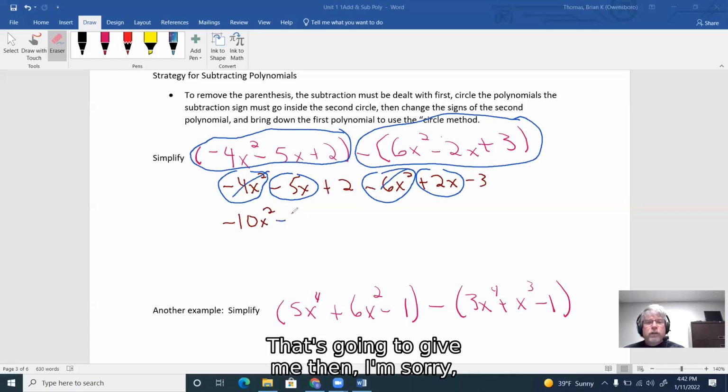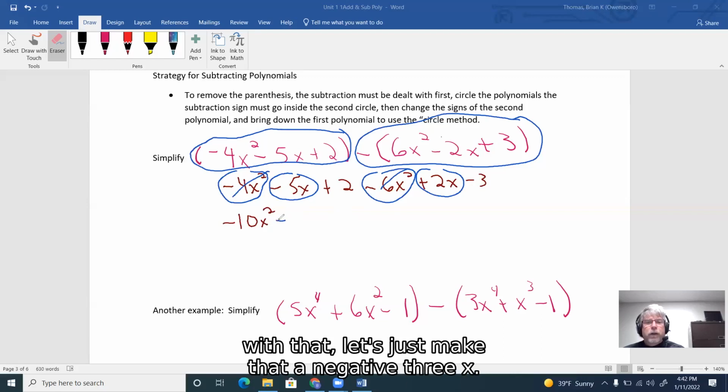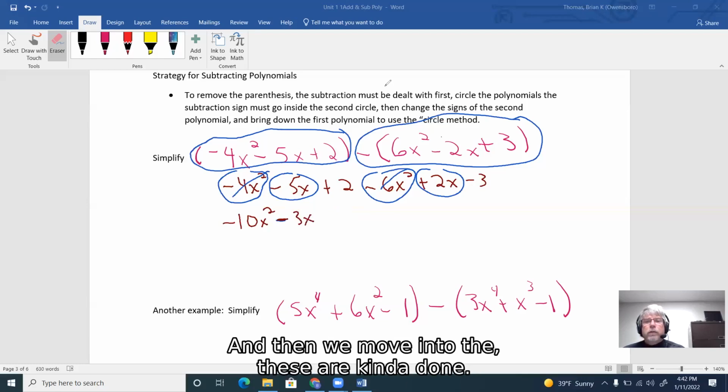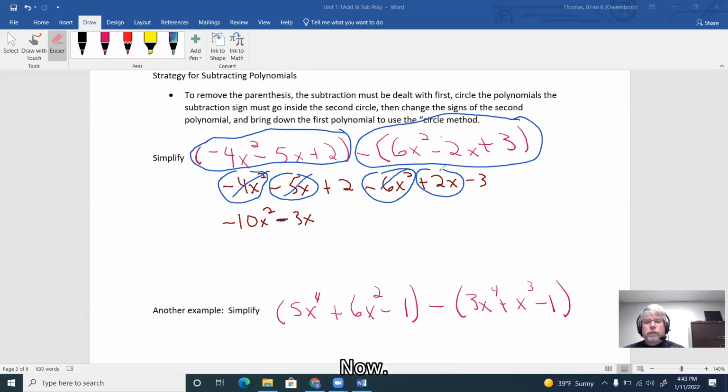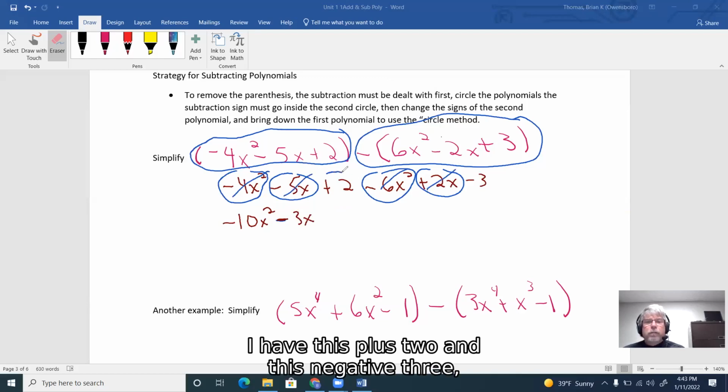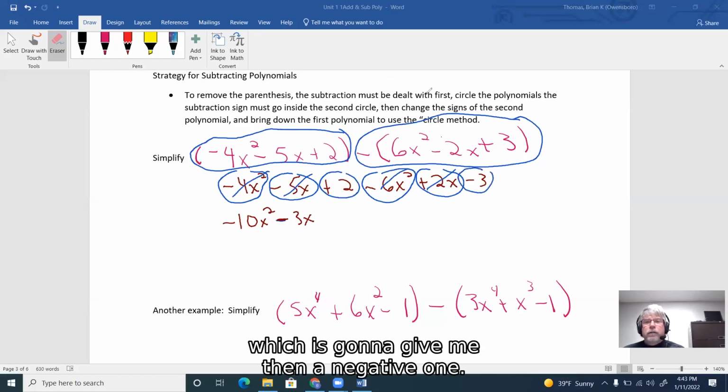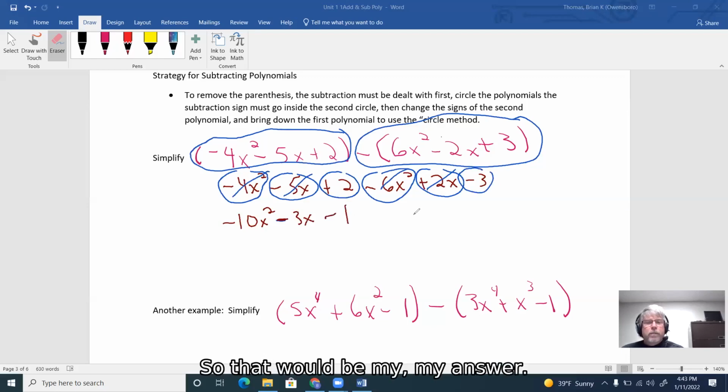So that's going to give me then, let's just make that a negative 3x. And then we move on. I have this plus 2 and this negative 3, which is going to give me then a negative 1. So that would be my answer.